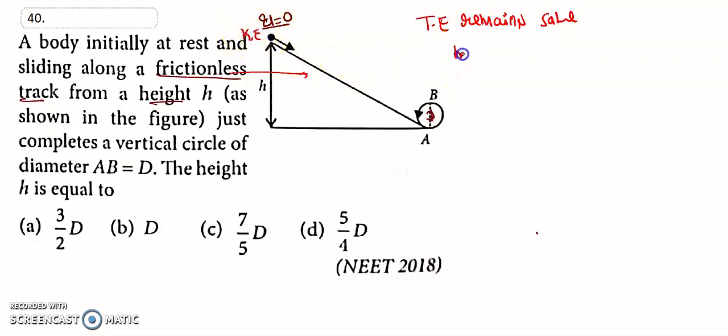Potential energy is mgh, and kinetic energy is half m v square, so that is mgh equal to half m v square plus the height term.